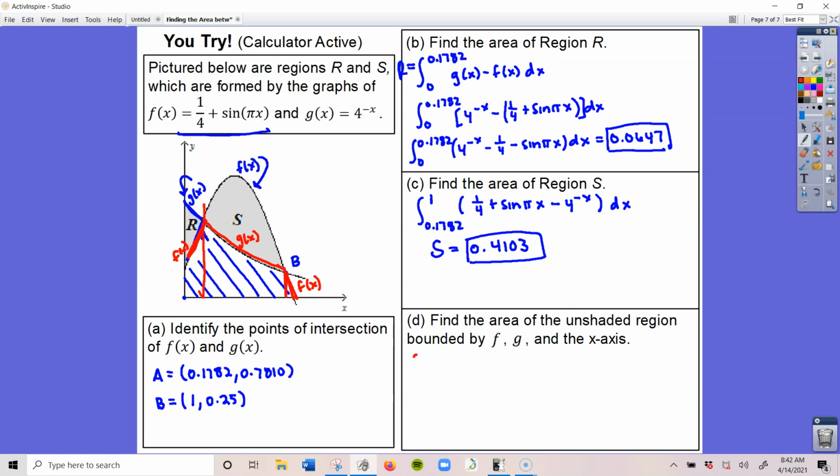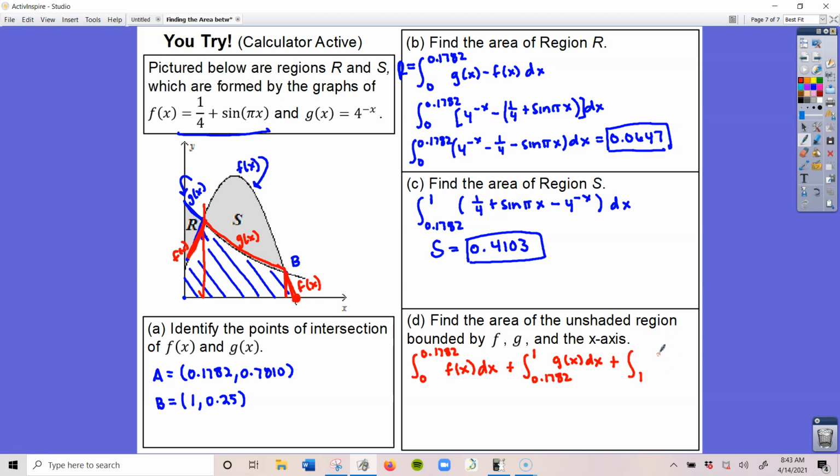So we would go the integral from 0 to the point of intersection A, 0.1782, of f of x, plus the integral from the x value of A, 0.1782, to the x value of B, which is 1, but now of g of x, plus, now here I know that this x value is 1, because that's the point of intersection for B, but I need this x-intercept.